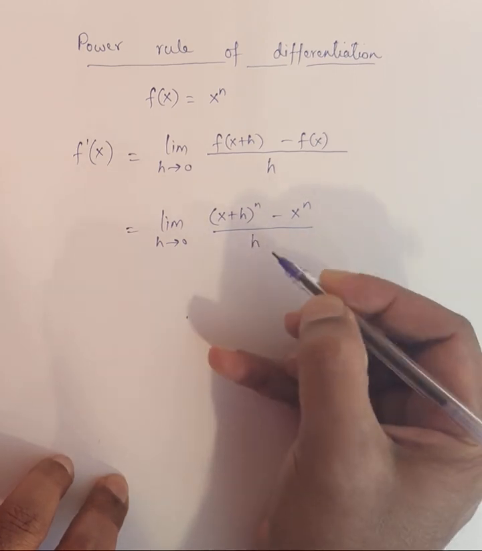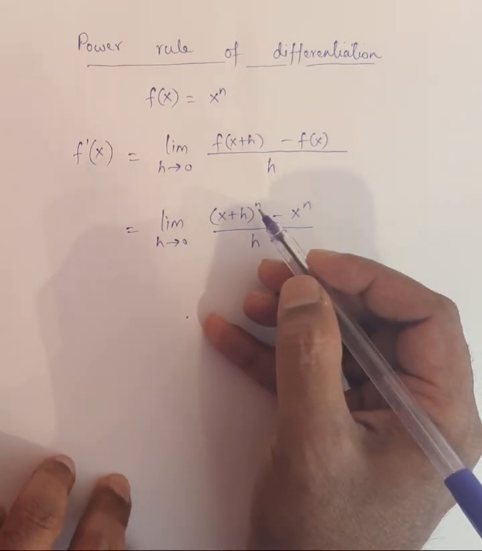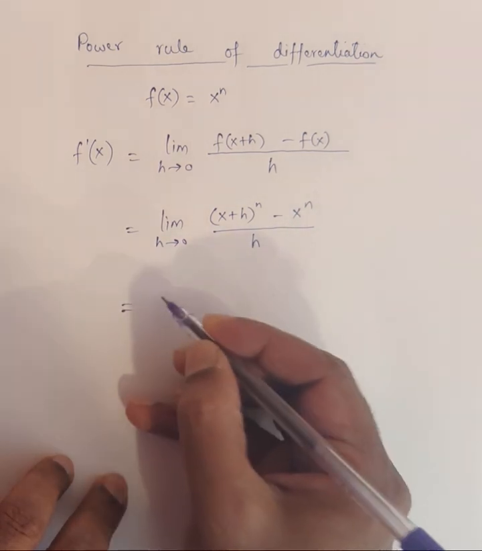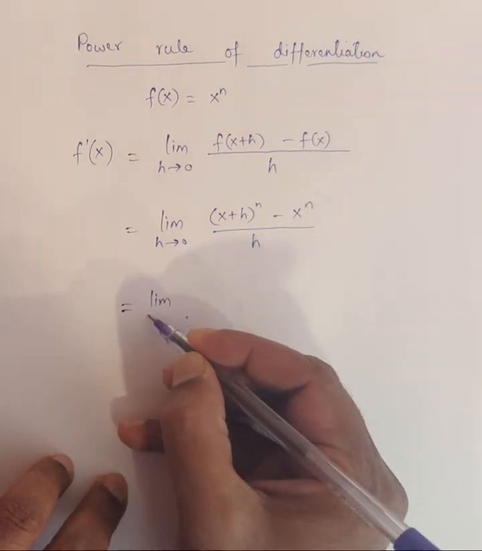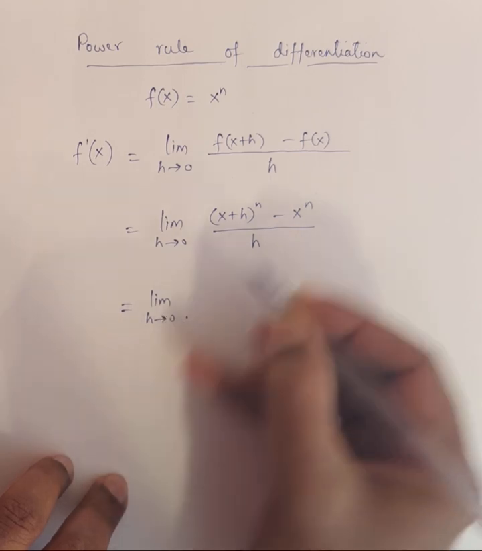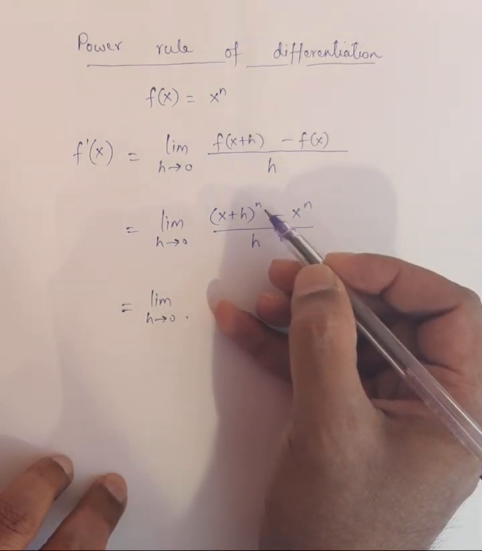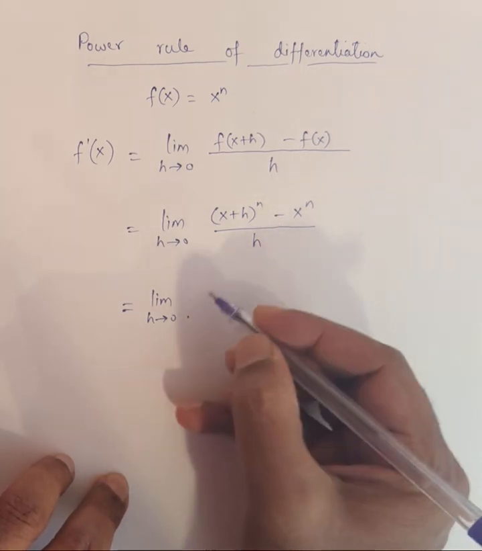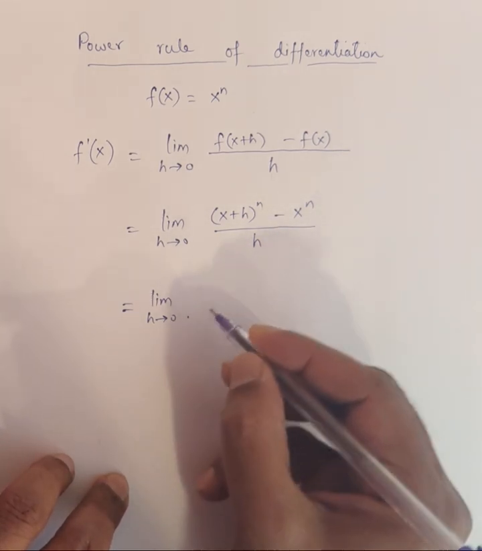Now I'm going to use the binomial theorem, and I just want to tell you the binomial theorem applies only for positive integer exponents. So let's pretend that n is a positive integer exponent.